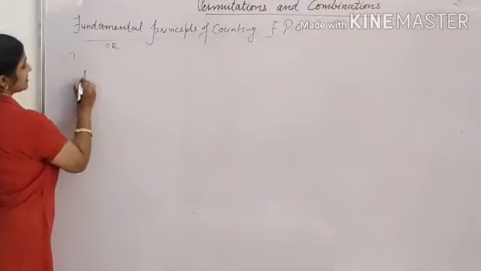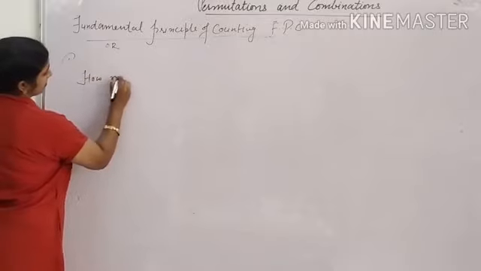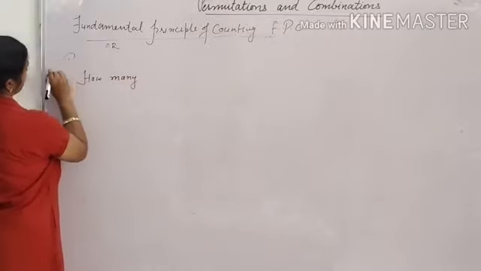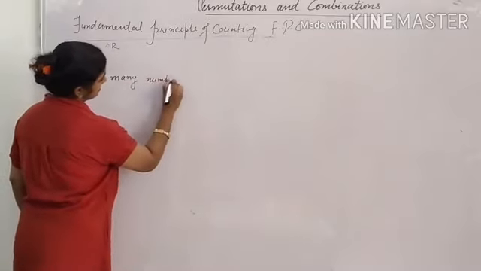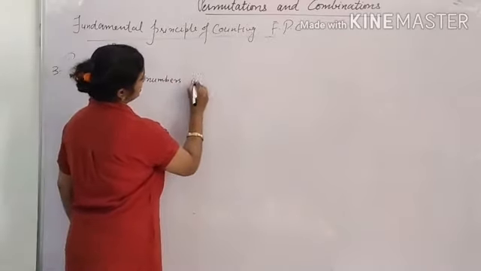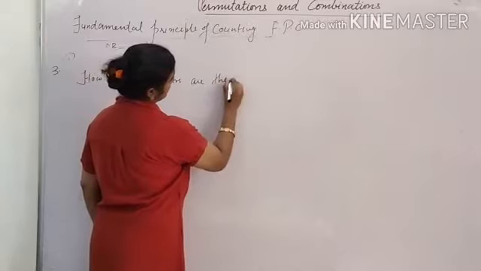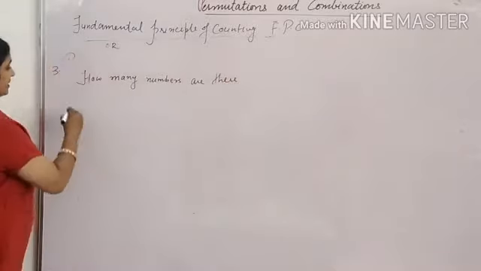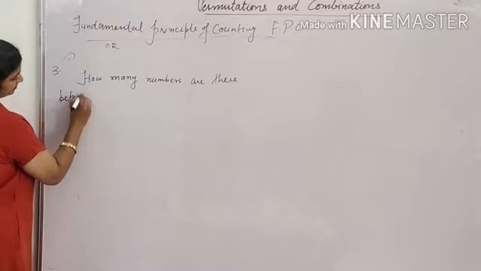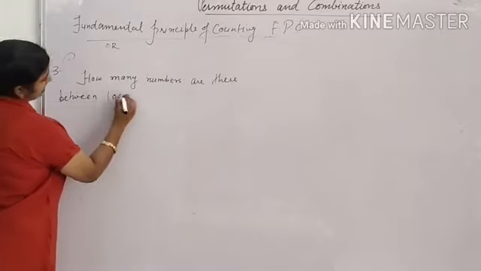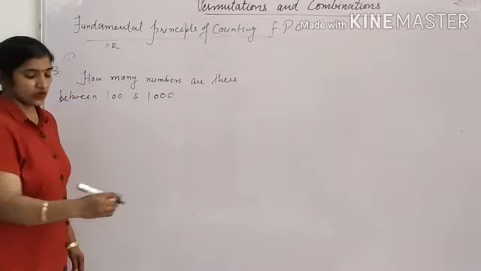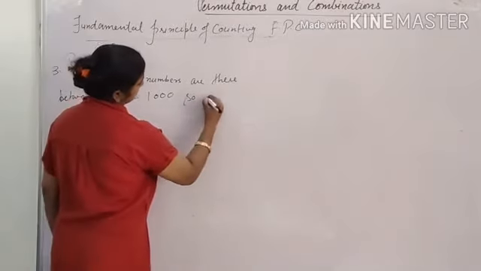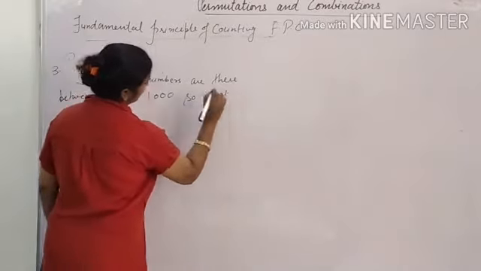Let's take one more example. How many numbers are there between 100 and 1000, so that you have 2 options.